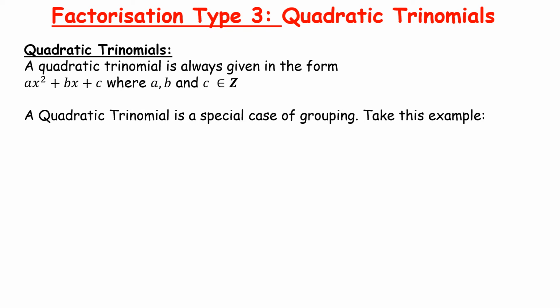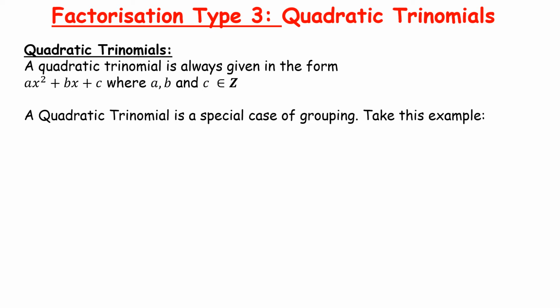So quadratic trinomials, the method we're going to use here is called guide number. And I love guide number because it doesn't take a huge amount of thinking. The alternative to this is trial and error, which is very, very hard to do when the numbers get bigger.